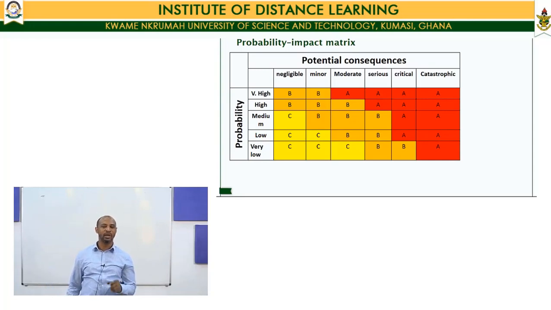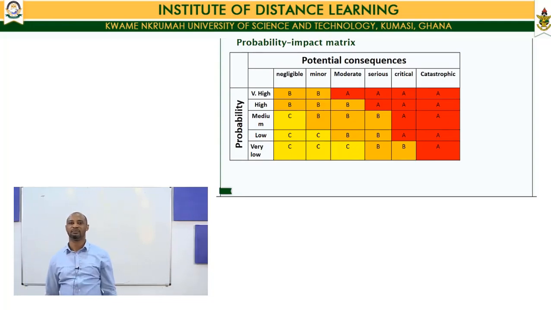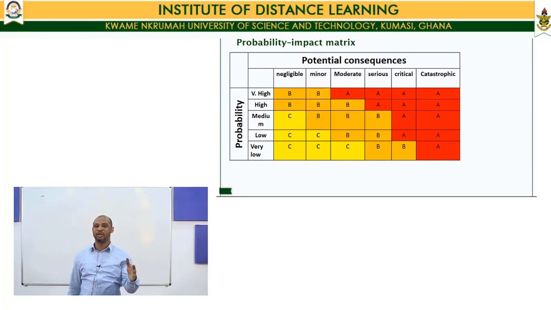But I want you to pay attention to something on this table. You will see that those events that have moderate to catastrophic consequence are high. You see that we are not even paying too much attention to their probability. So those that have moderate consequence to catastrophic consequence are generally high.